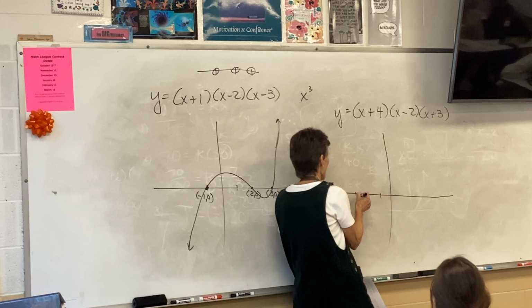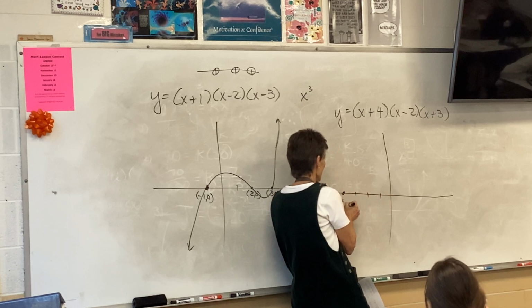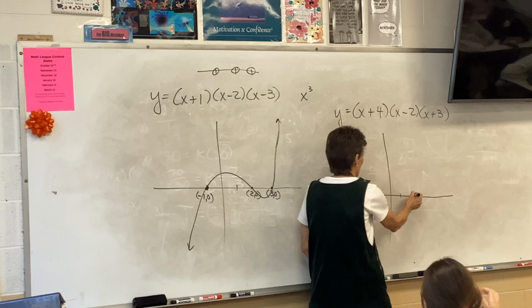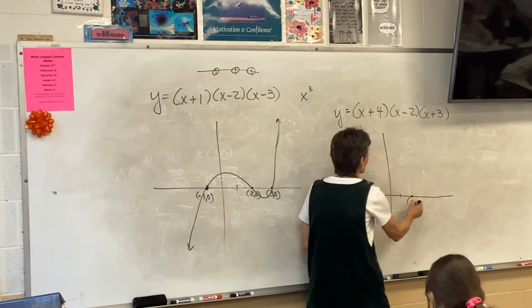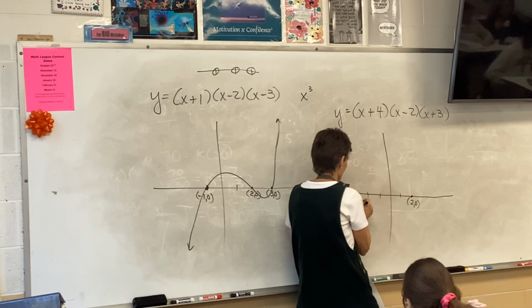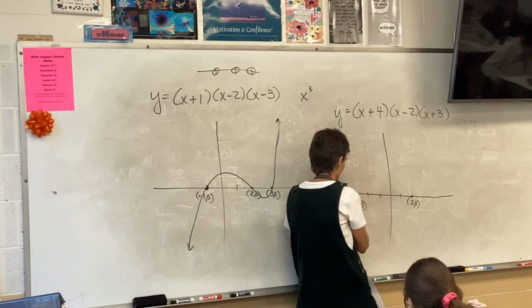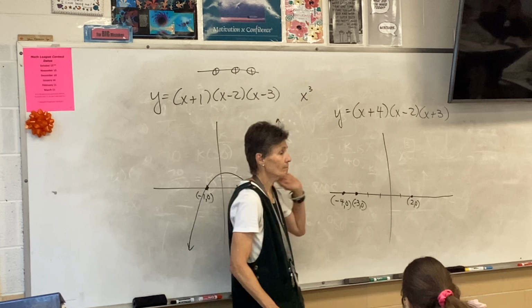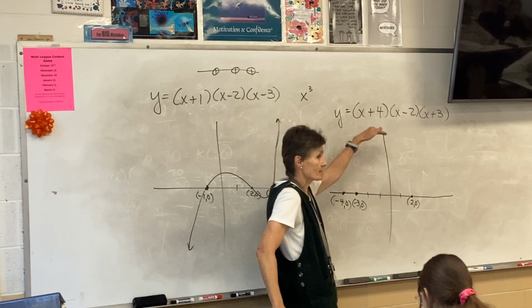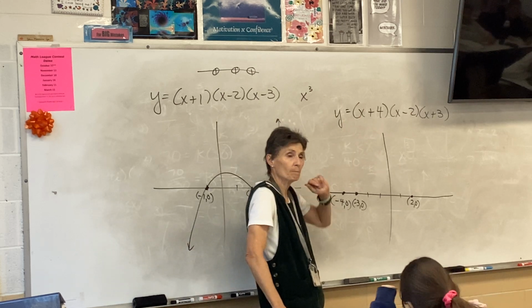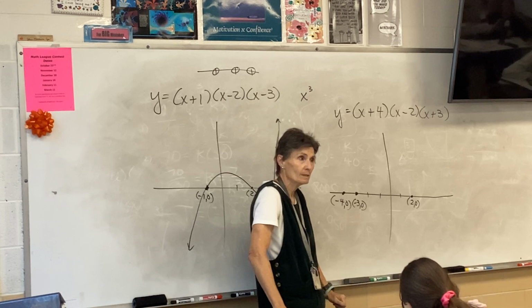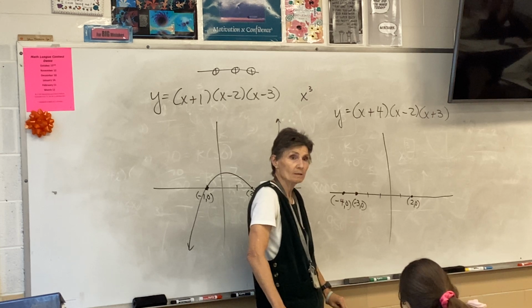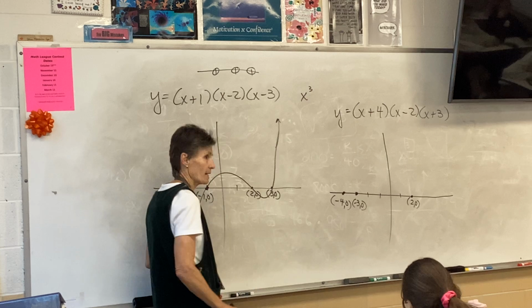We're gonna put them at -4, +2, and -3. Then we're gonna pay attention to how many x's we have. If we multiplied that all together, it's another x cubed. So it's gonna look just like this.